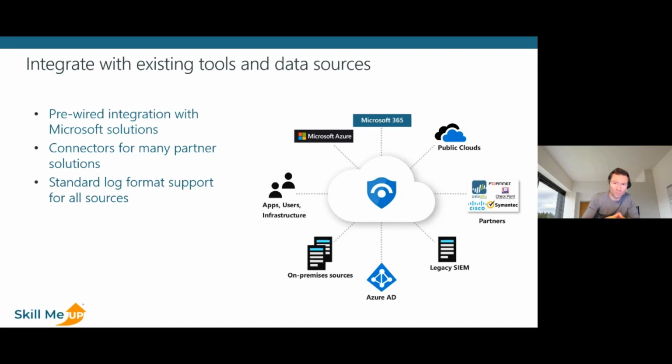You can even use a common event format, syslog or REST APIs to connect your data sources with Azure Sentinel. So yeah, you have a lot of sources you can use to keep better secured through Sentinel.